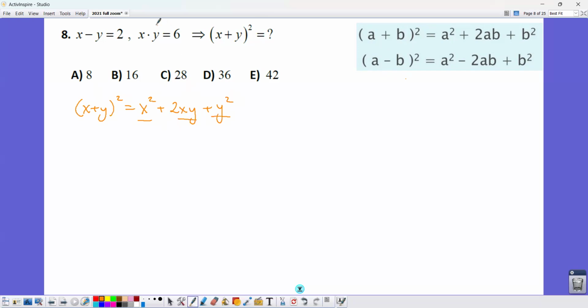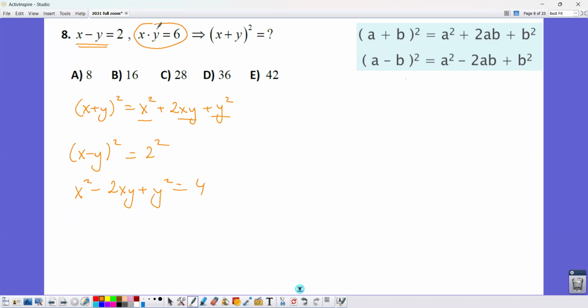So I need to know x squared plus y squared, and I need to know x times y. X times y is given. I need to find x squared plus y squared, so I will use the other given part, x minus y squared. If I take the square of this one, it becomes 2 squared. Then from the second formula, this becomes x squared minus 2xy plus y squared is equal to 4.